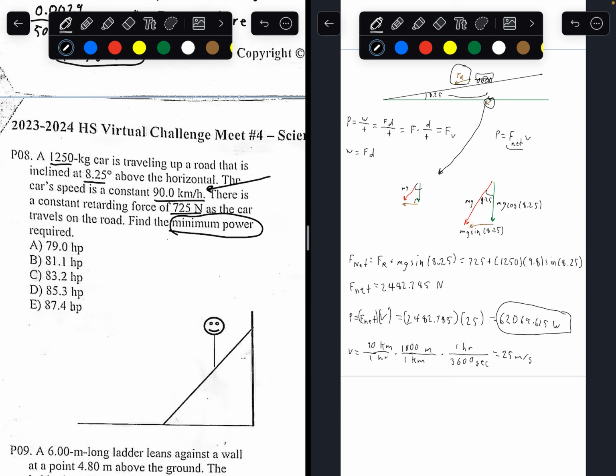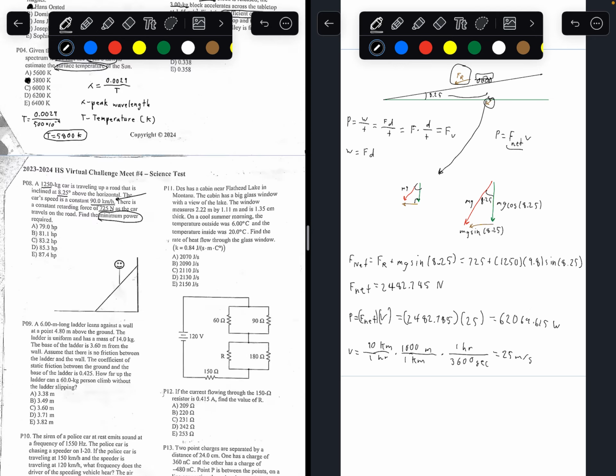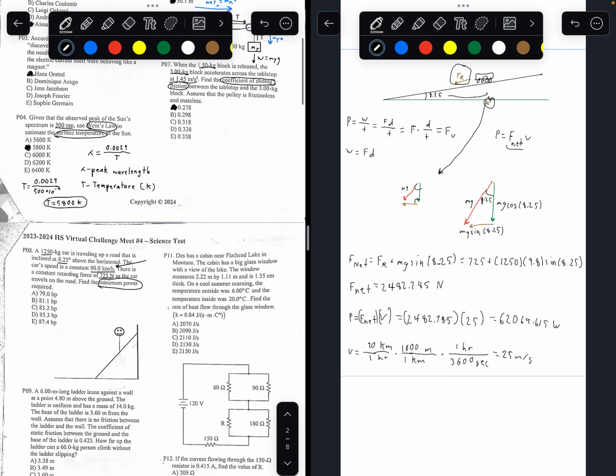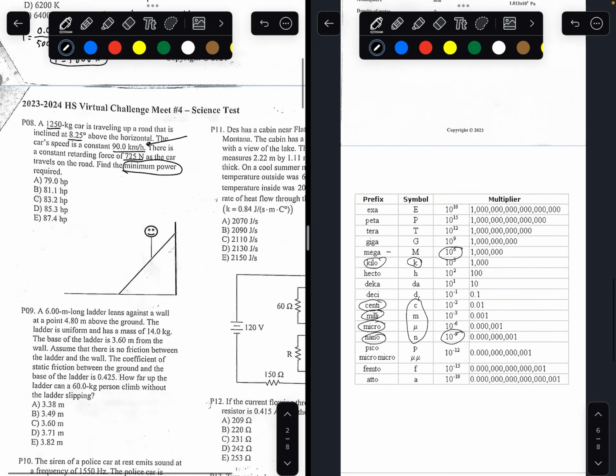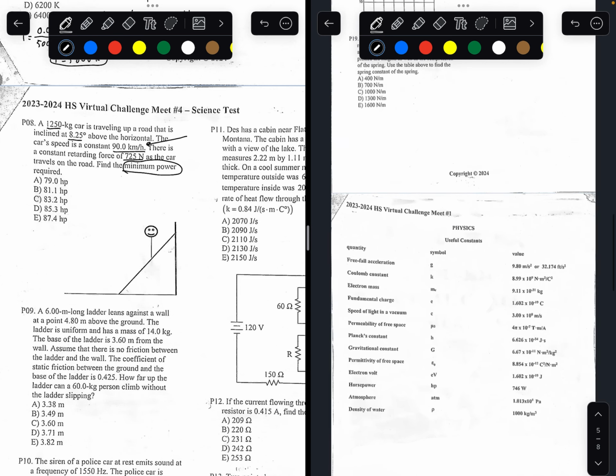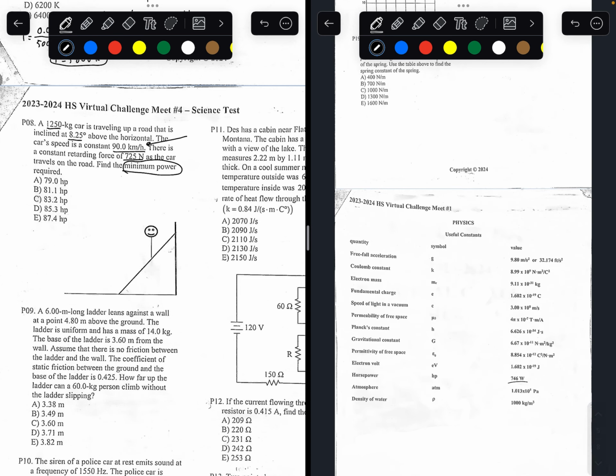But we want power to be in horsepower, not watts. So if we look at the formula sheet, we have 746 watts in 1 horsepower.